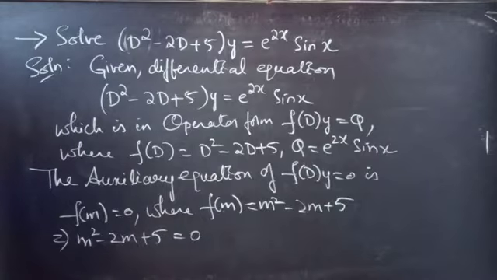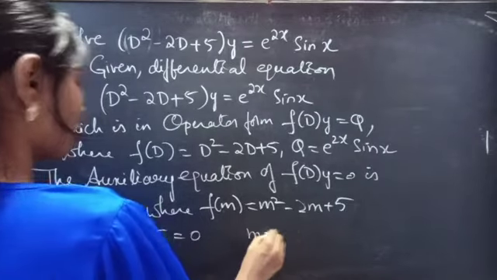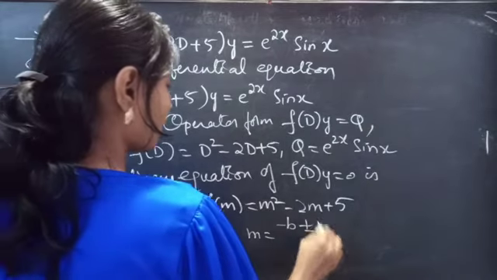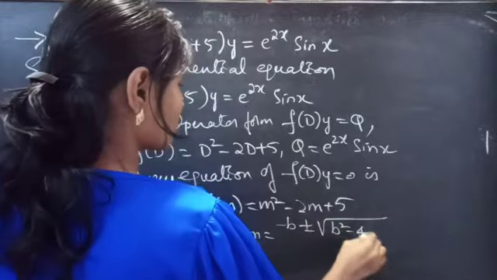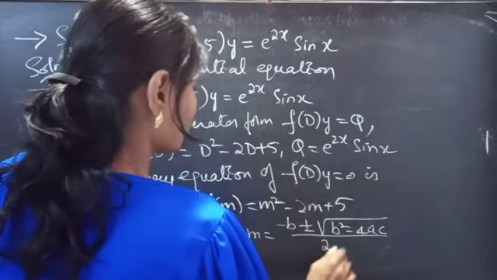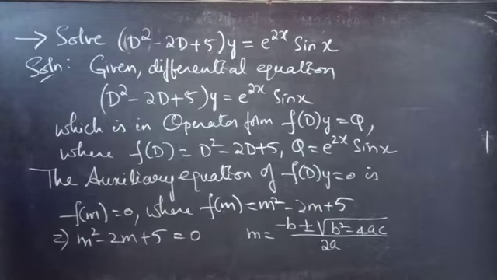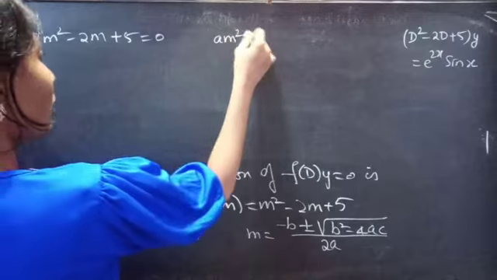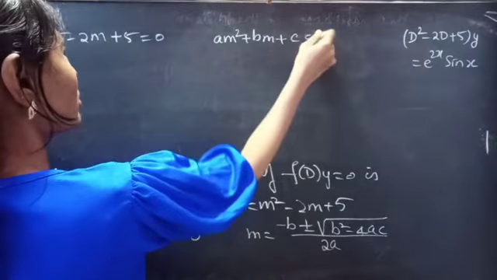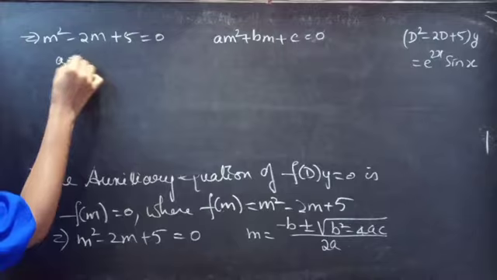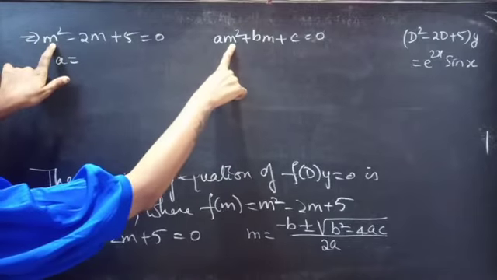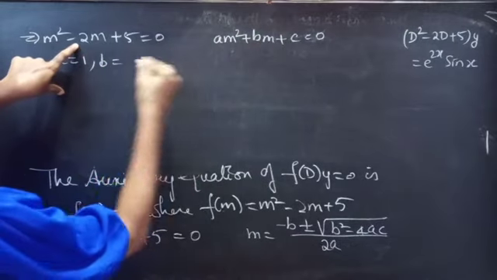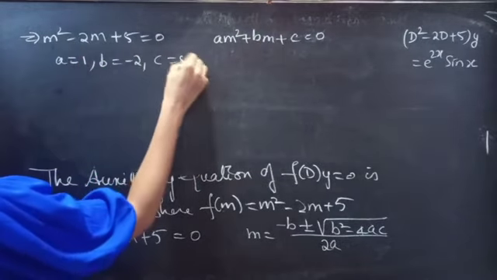So here we are going to find the roots using the quadratic formula: m = (−b ± √(b² − 4ac)) / 2a. Now compare the auxiliary equation with am² + bm + c = 0, where a, the coefficient of m², is 1, b, the coefficient of m, is −2, and c = 5.